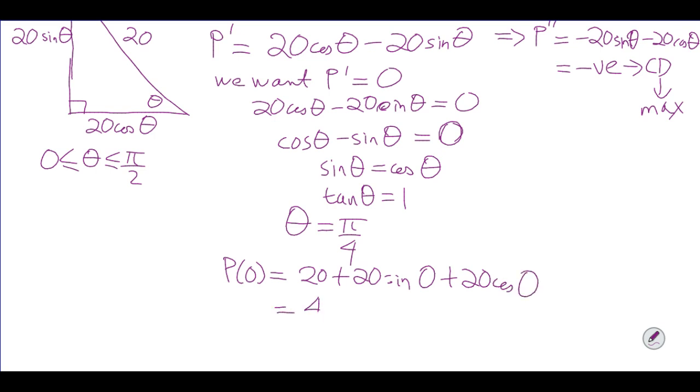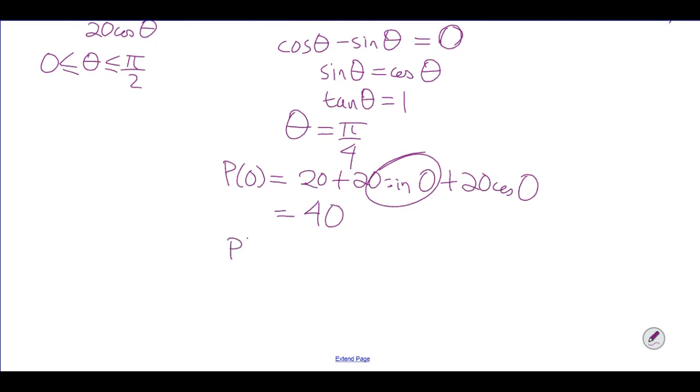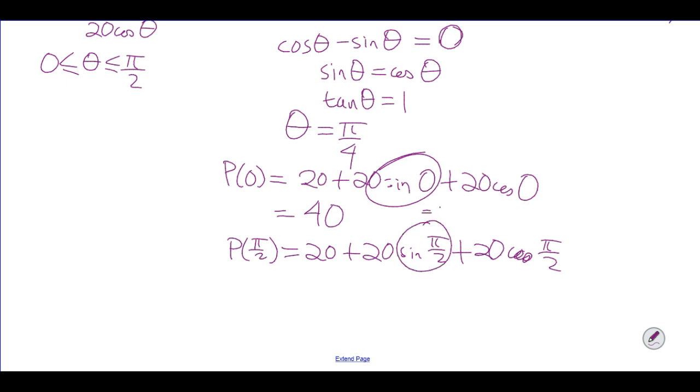That's 20, that's 0, and that's a 1, so 20 plus 20 gives me 40. Same thing happens at pi over 2: 20 sine pi over 2 is 20, cos pi over 2 is 0. So 20 plus 20 is 40.